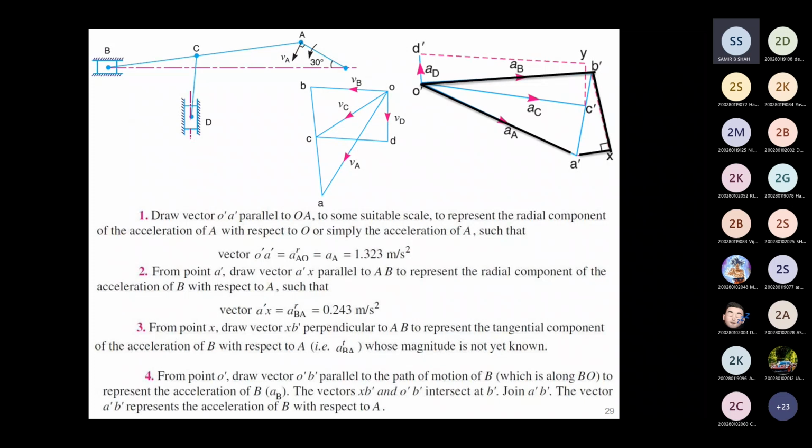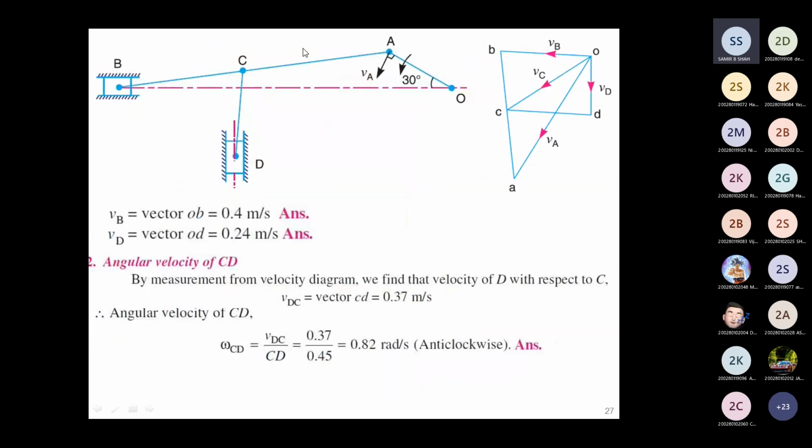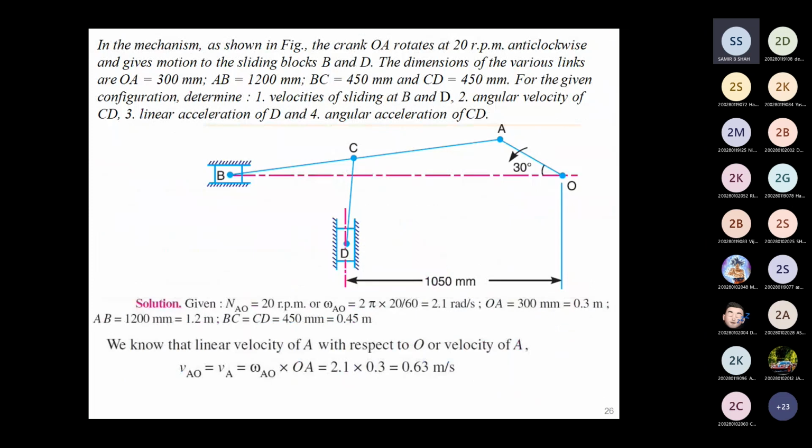Now start to draw the acceleration diagram. As we know very well, O is the random point, and the angular velocity of OA is given to us, as I read the data initially.